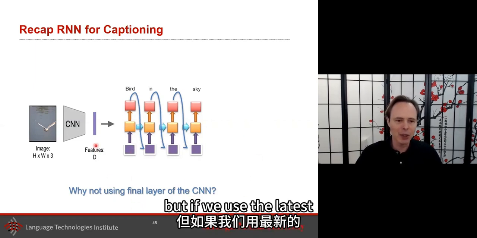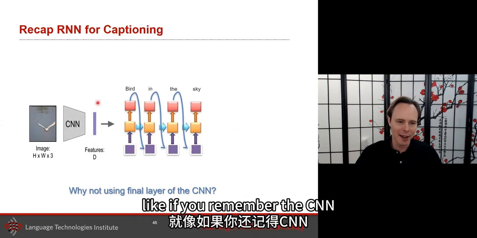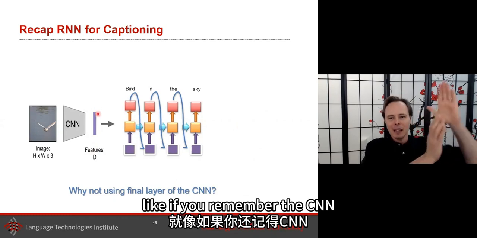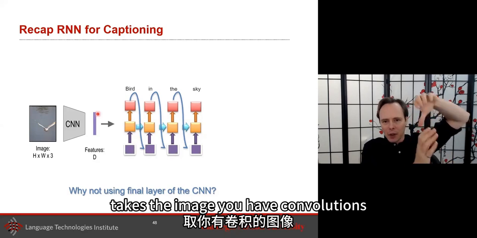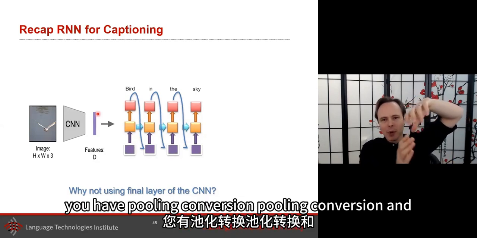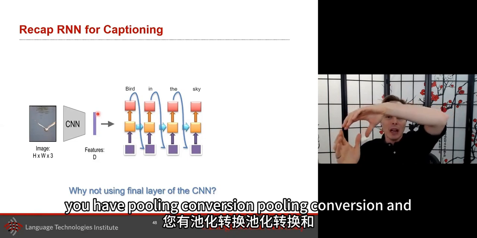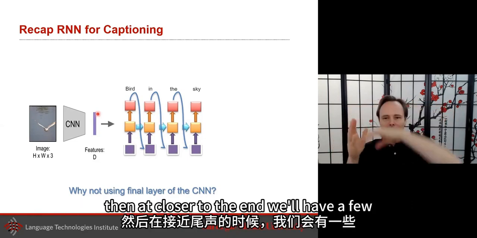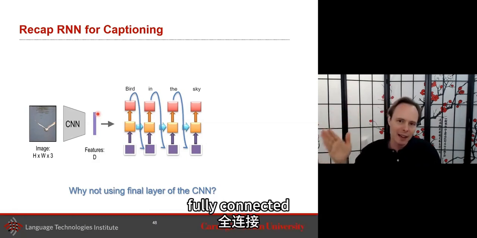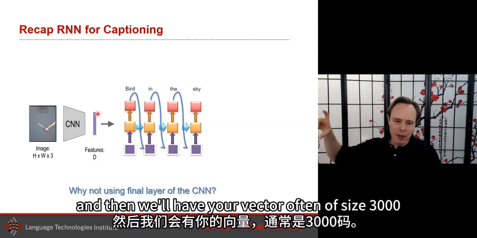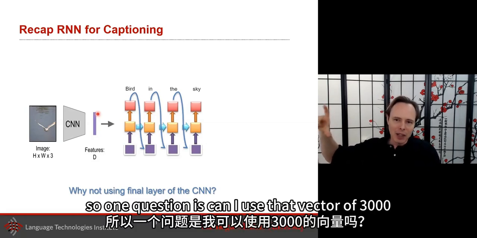But if you remember, the CNN takes the image, you have convolutions, pooling, convolution, and then closer to the end, a few fully connected layers, and then you have your vector, often of size 3000. So one question is, can I use that vector of 3000?